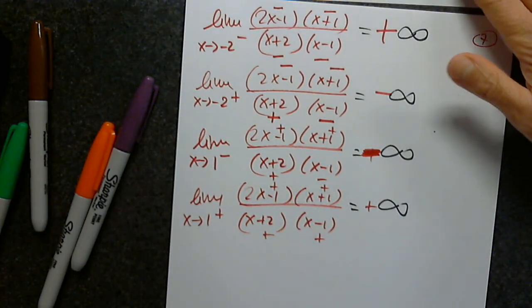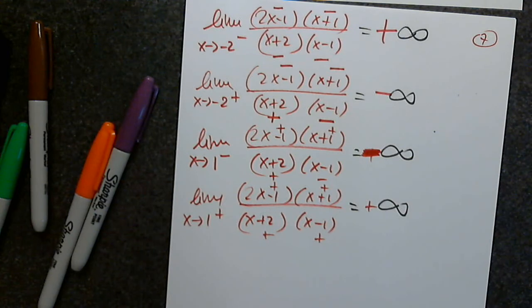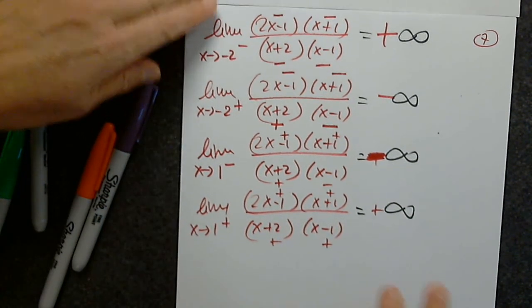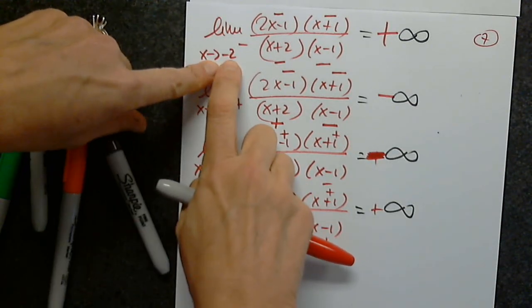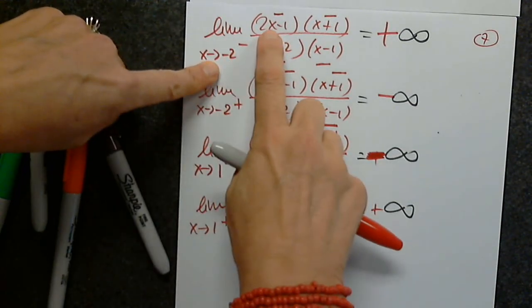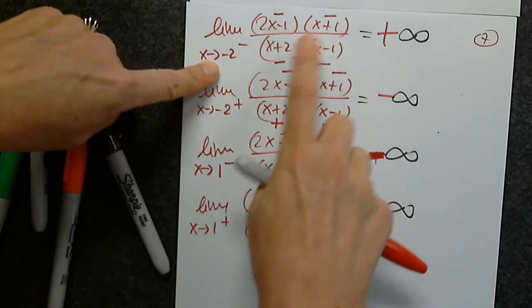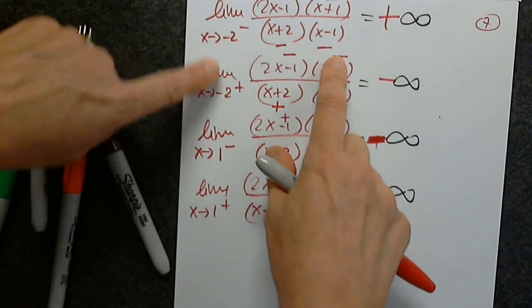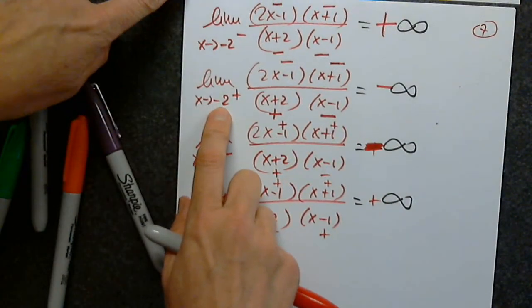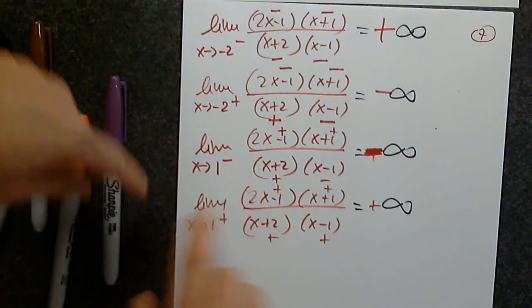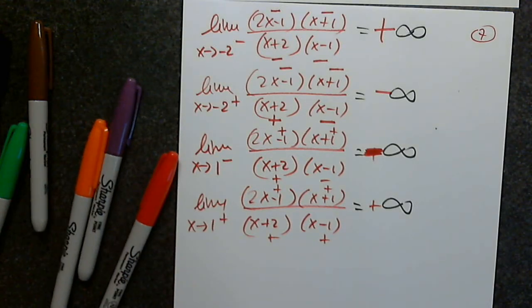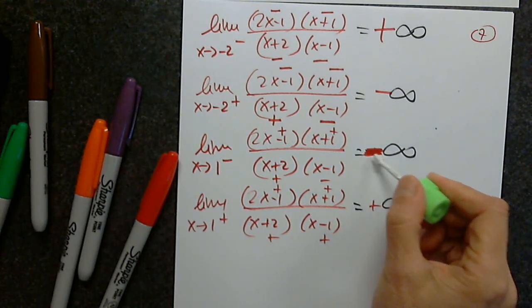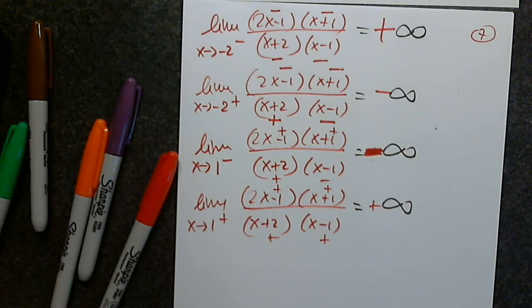Any questions? Yes, please. You're just entering in the numbers, right? A number close to negative 2 from the left. Negative 2.1, negative, negative, positive, because there are 4 negatives. Could you do me a favor? For when I come back to this, could you put under negative 2 the number negative 2.1 beneath it, like what you plugged in, as opposed to any number that is close enough to negative 2?